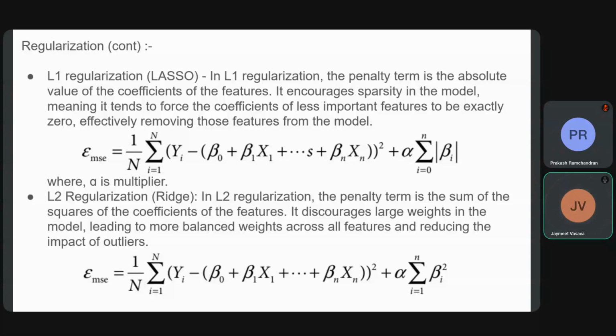In the ridge regularization, we add the square of the coefficients to the loss function, or the error in the mean squared error, which discourages large weights in the model, leading to more balanced weights across all the features and reducing the impact of the outliers.